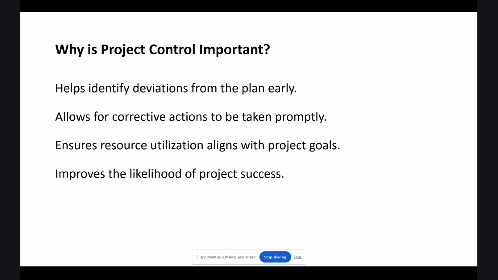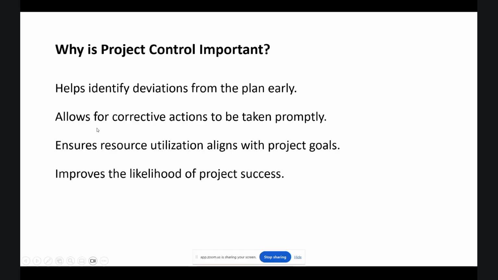All right. Then why is it important? It helps identify deviations from the plan early. The earlier you find the issues in your project, the easier you can solve them. If you add problems over problems, then it's going to be very difficult to manage and come up with a good solution.